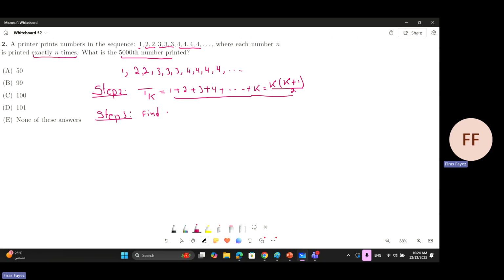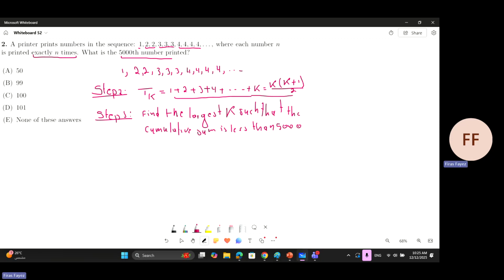So find the largest k such that the cumulative sum is less than 5,000.